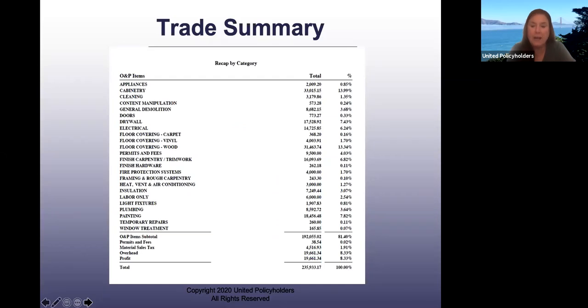If you don't have this recap by category, call your adjuster or send your adjuster an email and ask for it, okay? Because this is what's going to be so helpful for your contractor to give you a bid reflective of what you lost.